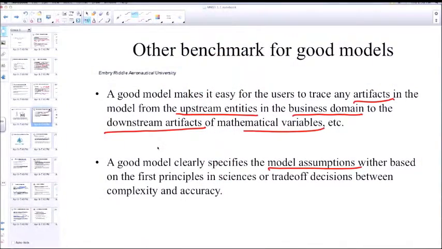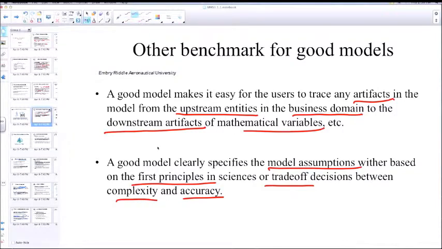And another issue is that the model assumptions should always be based on the first principles in science, or clearly specify the trade-off decision between complexity and accuracy.